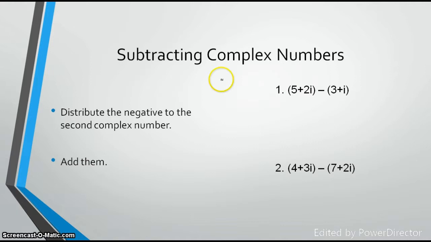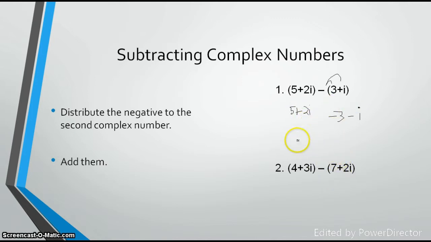Subtracting complex numbers. When subtracting complex numbers, you first distribute the negative to the second complex number, and then you add them. So we have 5 plus 2i minus 3 plus i, which gives us 5 plus 2i, and then you distribute the negative, so you get -3 minus i.